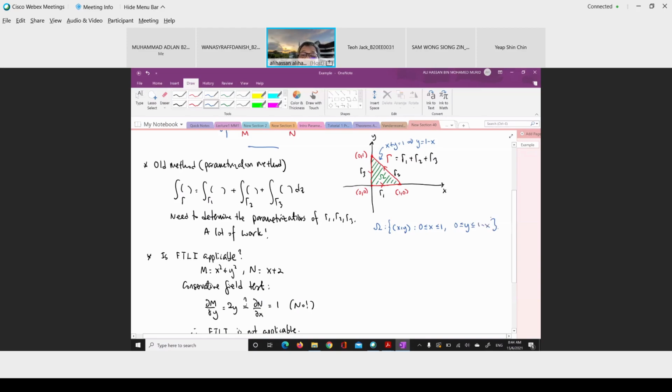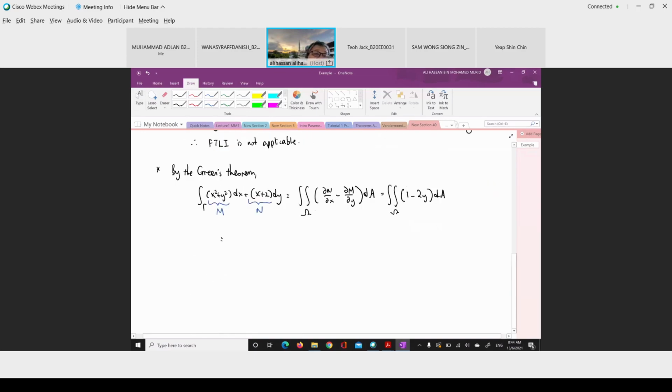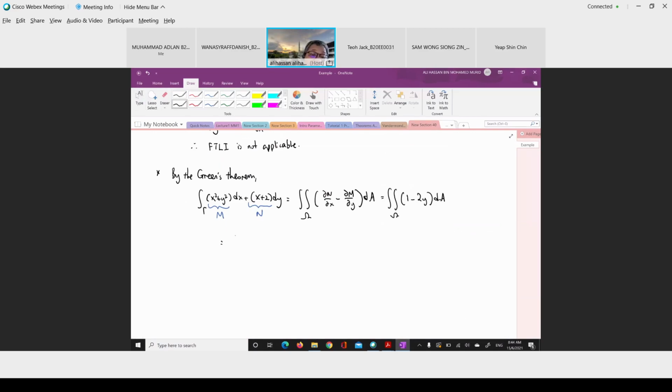Okay, so that means we must integrate with respect to y first, because y is bounded by functions. So y is between 0 up to 1 minus x, and x is between 0 and 1.